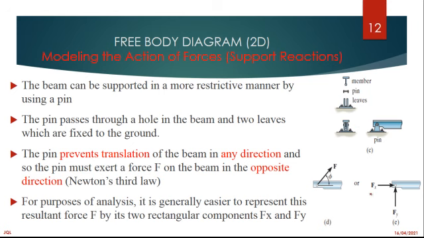That's the reason why the reactions that we have with a pin connection are always F in the X and F in the Y. But this can rotate in either this direction or this direction. That is the reason why there is no moment preventing the beam from rotating.